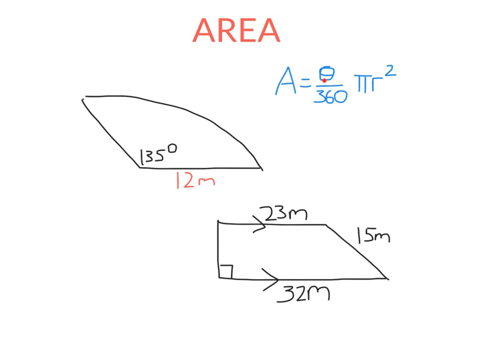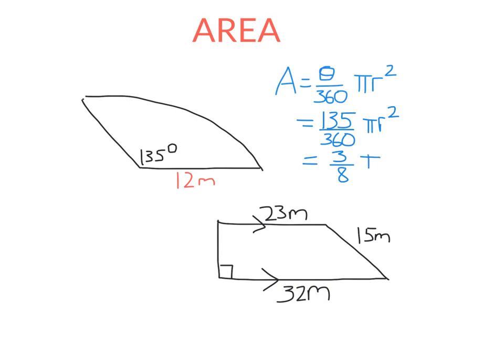This formula, theta over 360, tells me what fraction of the circle I have, and then I just times it by pi r squared. So for this sector here, the angle theta is 135, so this is 135 over 360 of a circle. In fact, 135 over 360 is equal to 3/8. This is 3/8 of a circle.